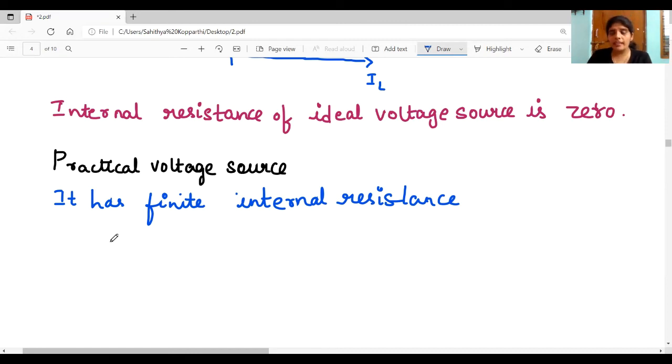Examples of practical voltage sources are battery, DC generator, AC generator, all those. So I'm drawing. This is the ideal voltage source normally, and if you place a resistance in series with the ideal voltage source, this becomes a practical voltage source.